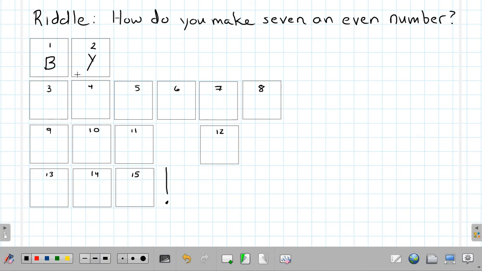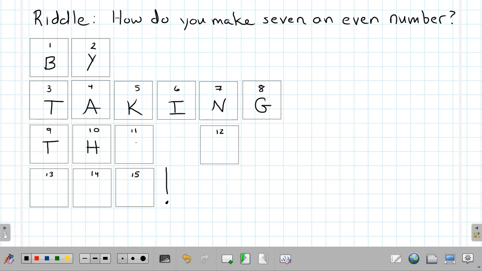So I'm just going to fill it out, but you can make 7 an even number by taking, so equation T with 3, A with 4, K with 5, I with 6, N with 7, G with 8.